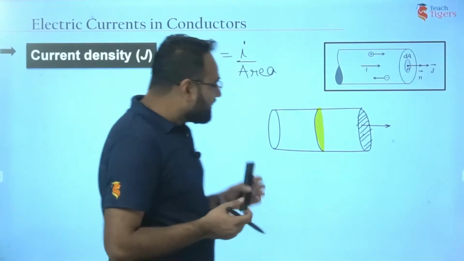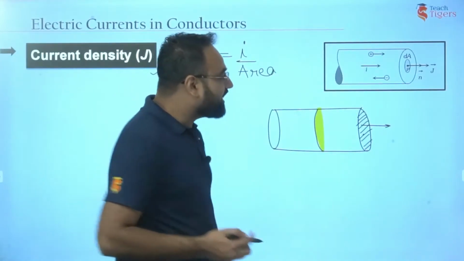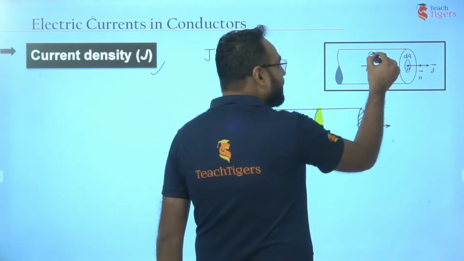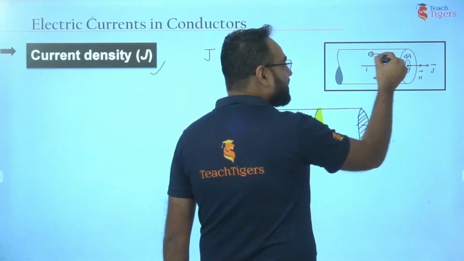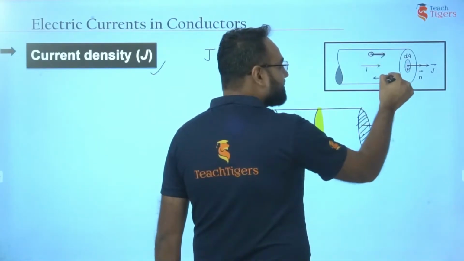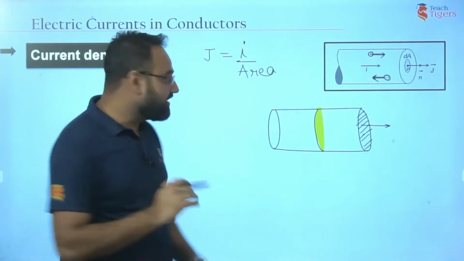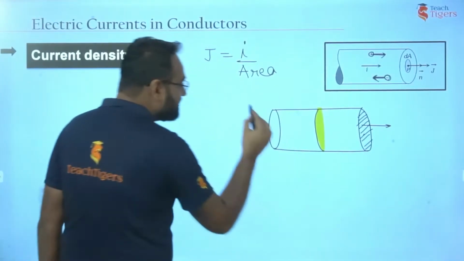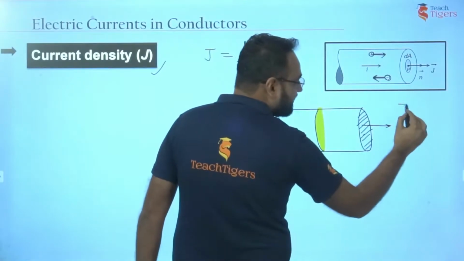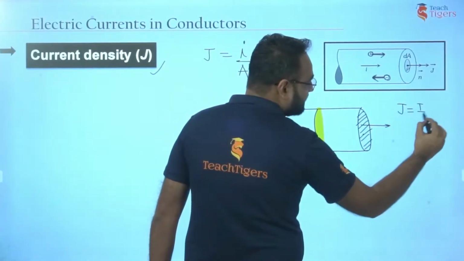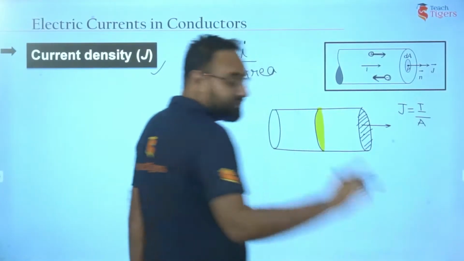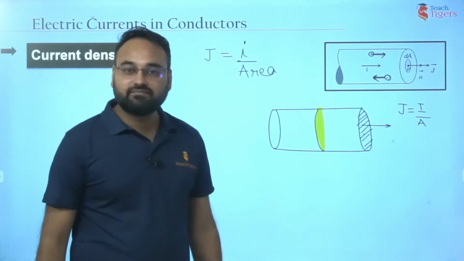From this figure, we can see that some positive charge carriers are flowing in this direction and some negative charge carriers are flowing in this direction. We define this current density J as current upon area, the cross-sectional area.